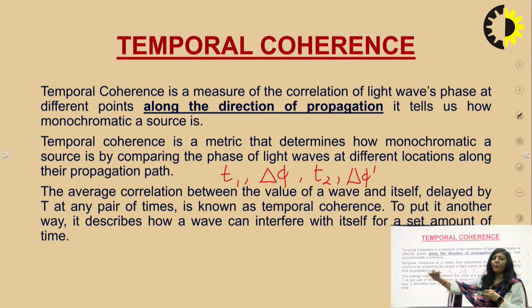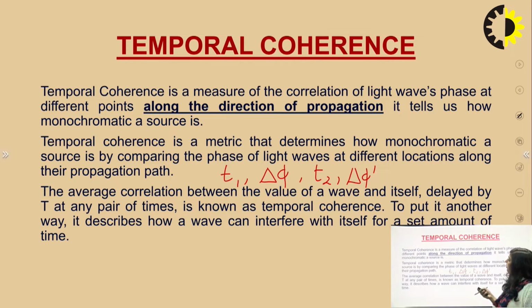This is the direction of propagation of light. Along the direction of propagation, you have a plane with 2 points, and if the phase difference between those 2 points is independent of time, then you say there is temporal coherence. This temporal coherence is related to the monochromatic behavior of the source: the more monochromatic the light source, the more temporal coherence it has.